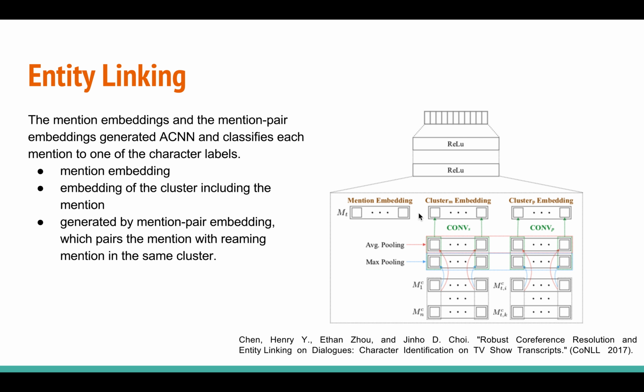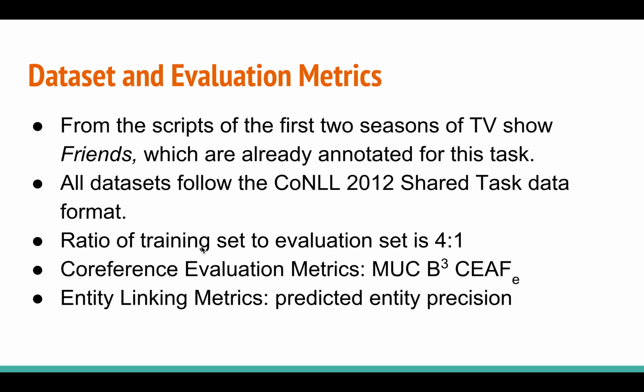Finally, we concatenate these 3 embeddings, go through 2 feed-forward neural networks, and use the cross entropy loss to optimize. And the data set is collected from 2 seasons of the Friends TV show and follows the Cornell 2012 shared task data format.